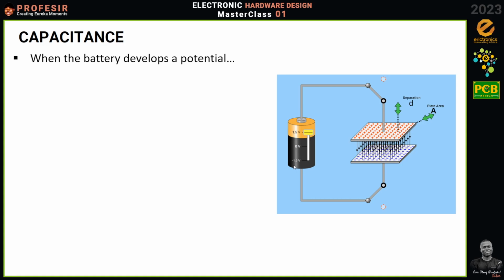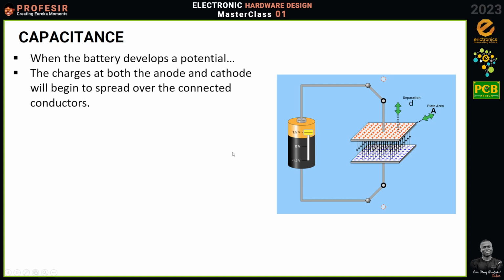Okay, but then we know that a battery's job is to make sure it has the potential at the anode and the cathode. There is a potential between the anode and the cathode, and it also sustains it. Okay, so that means that naturally the battery is not going to allow this to happen.